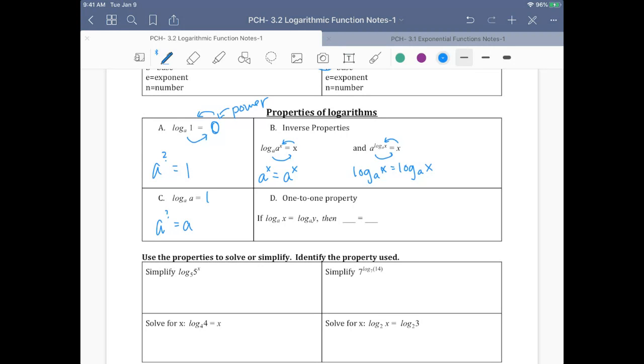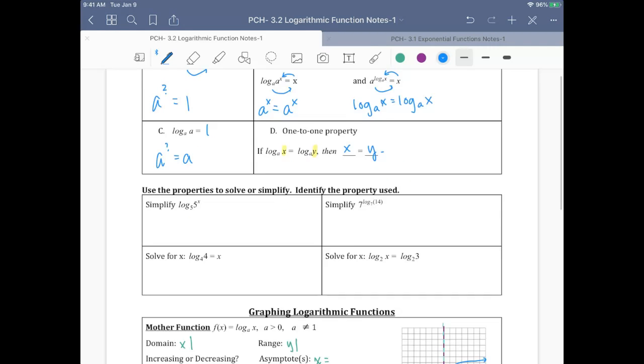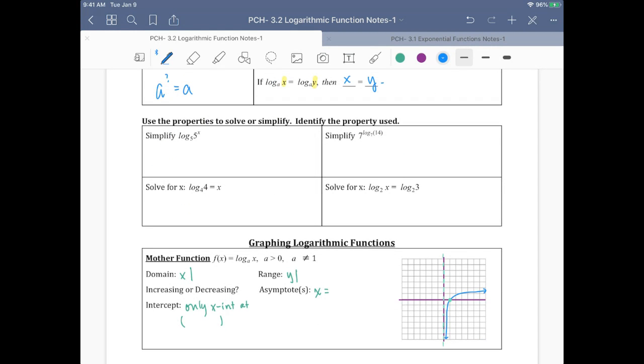The 1-to-1 property is if log base a of x is equal to log base a of y, then we know that really what we're comparing are the numbers, so x is equal to y. Okay, it's called the 1-to-1 property. So the next ones, we're going to simplify log base 5 of 5 to the x power.